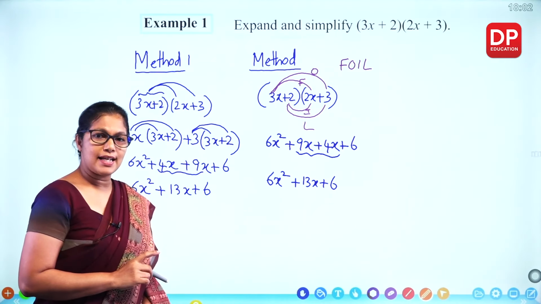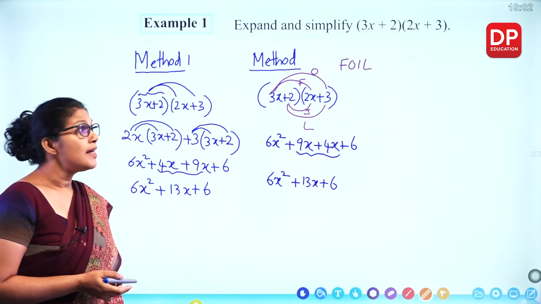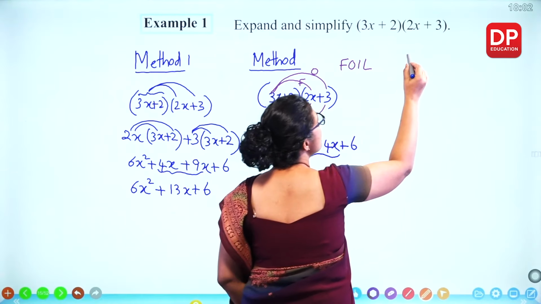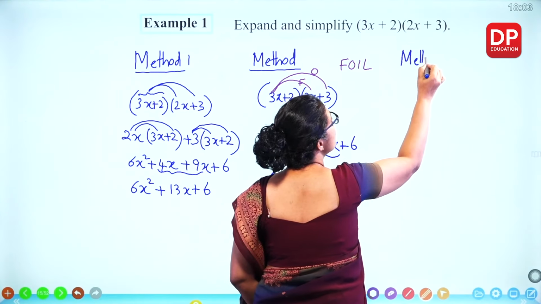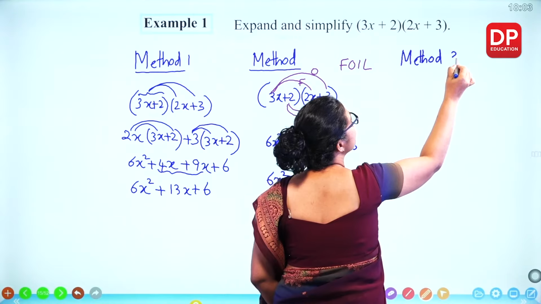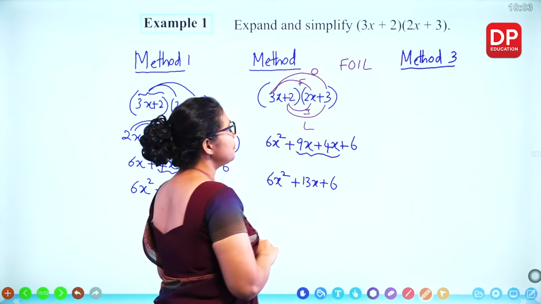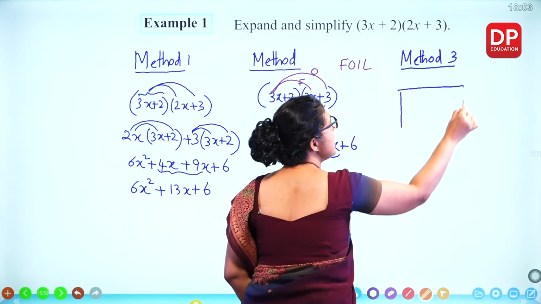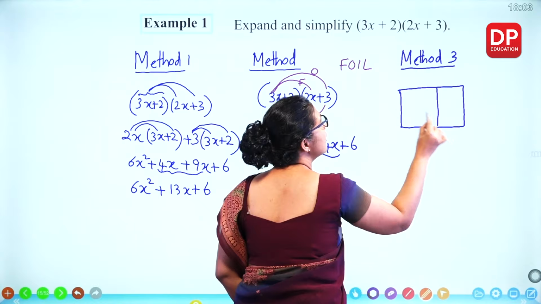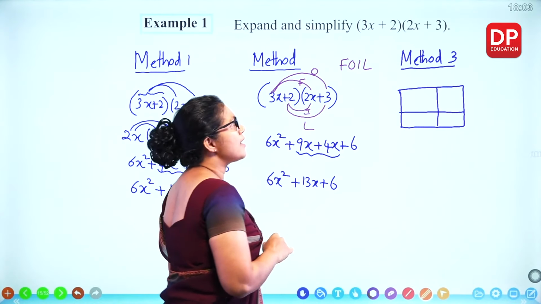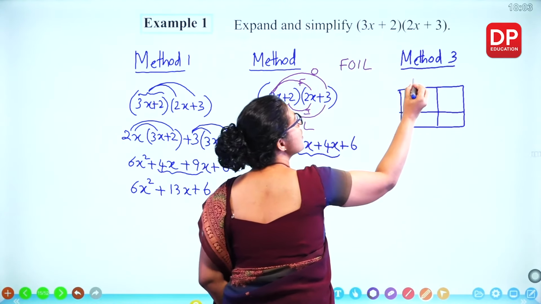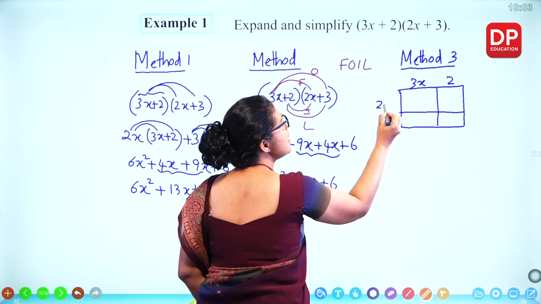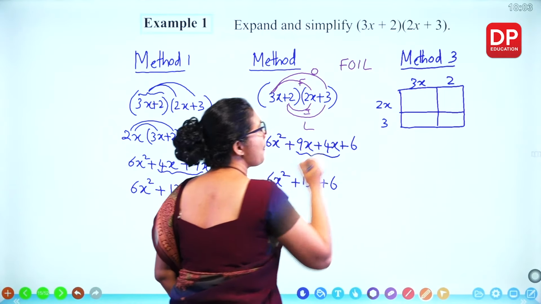Now the third method, I can help you with the area of a rectangle. So we'll see how we can do that. So method 3 is related to the area. So if the rectangle is divided into 2 parts, we'll take this expression 3x and 2 on this side and the other expression 2x and 3.